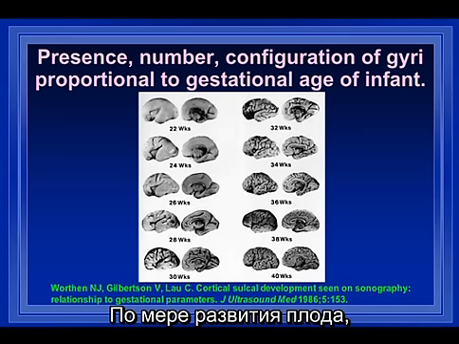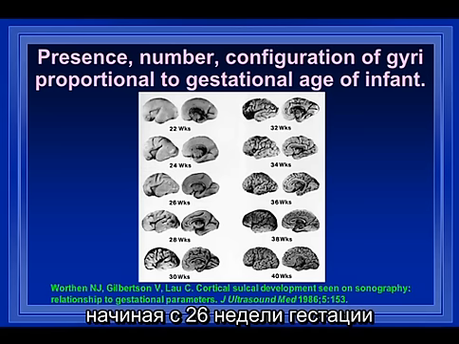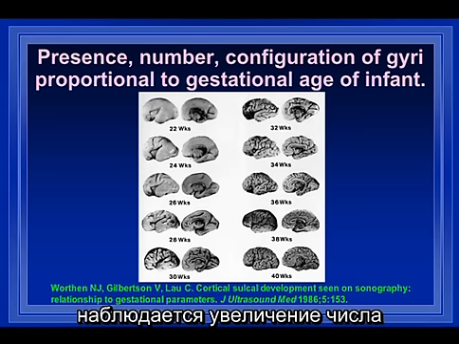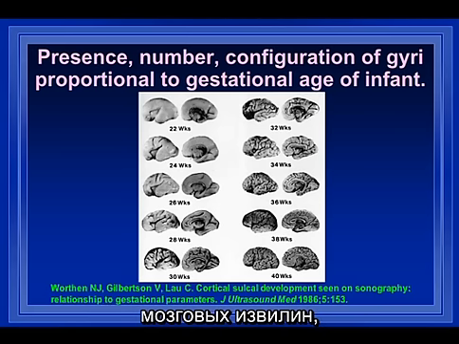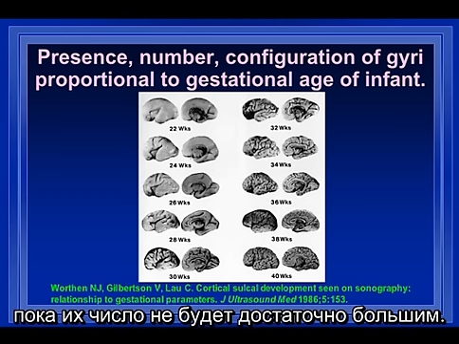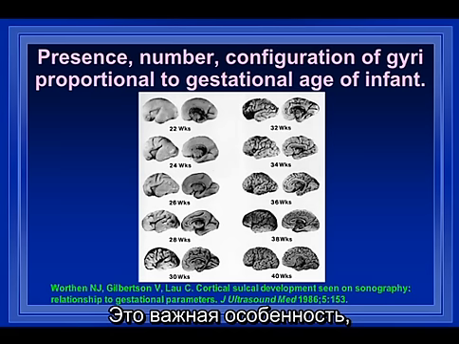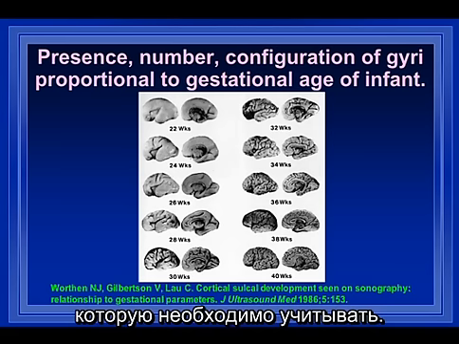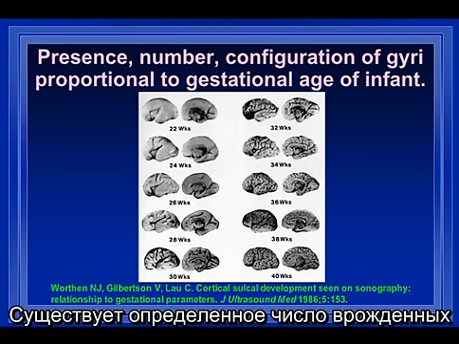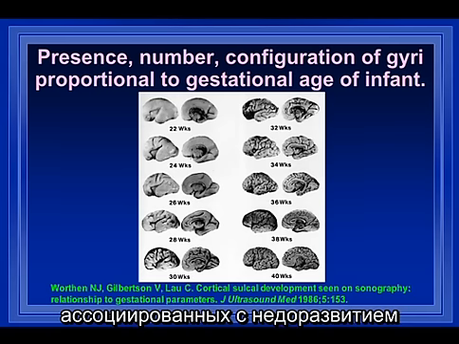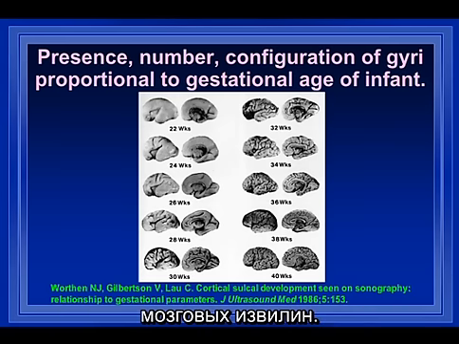As the babies mature from 26 weeks gestation up to full term, there is an increase in the number of convolutional markings until at term there are multiples. This is an important detail to be aware of, as there are certain congenital anomalies of the brain that are associated with lack of formation of the convolutions.